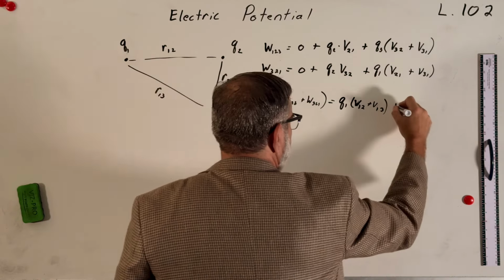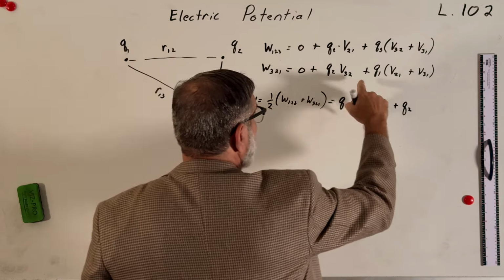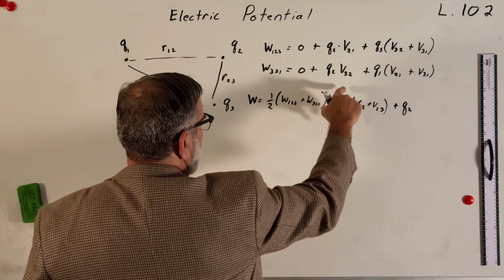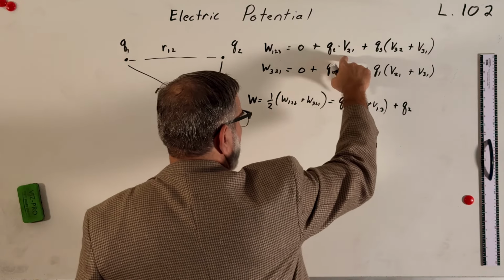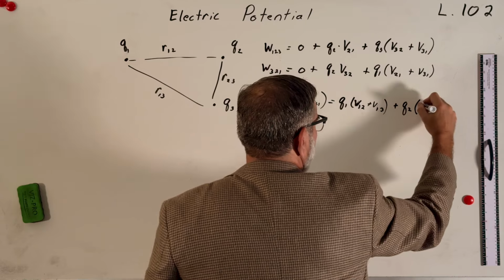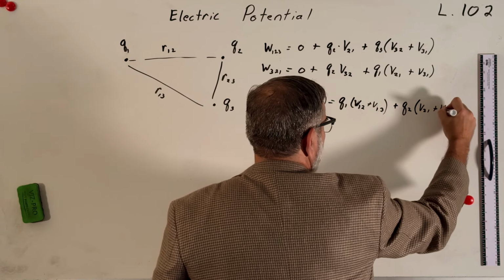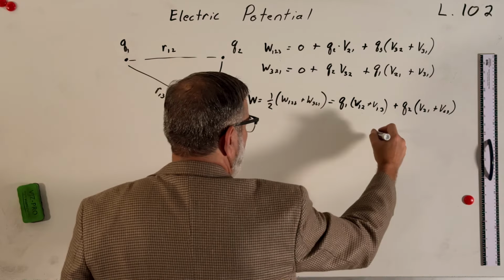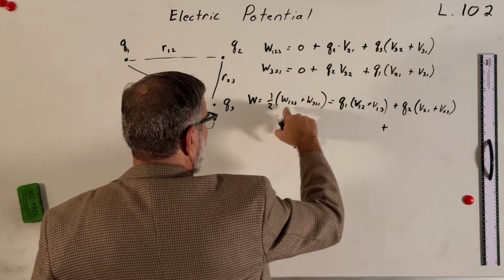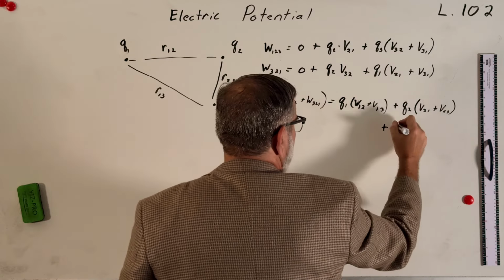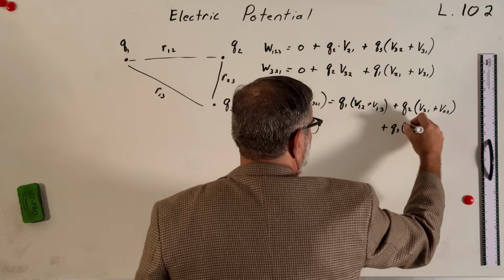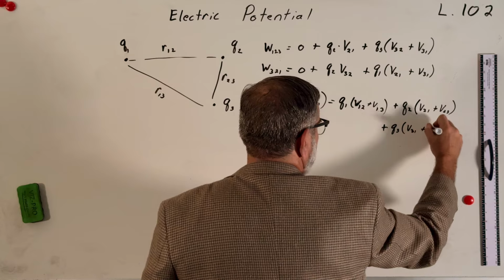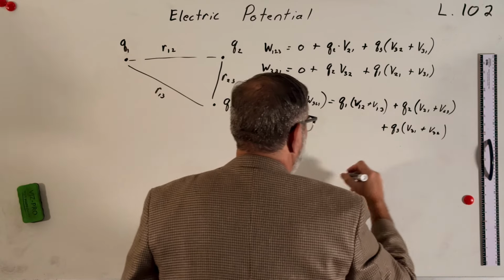Now I'm going to put plus Q2. Here's Q2. I've got two terms from that. I've got V23 and V21. So V21 plus V23. And then finally, plus Q3, which is up here, Q3 times V31 plus V32.